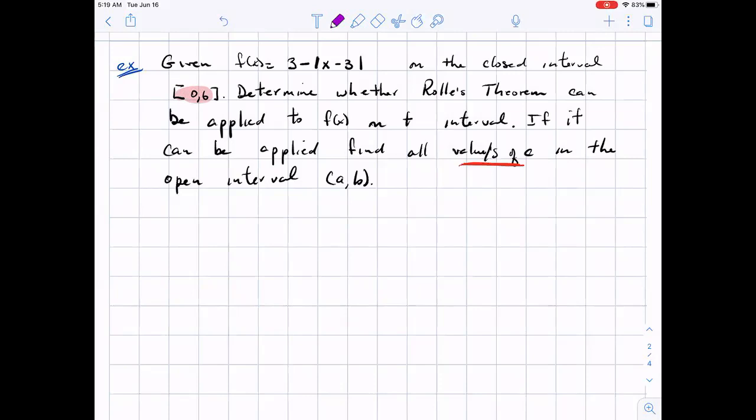Well, because you know what this function looks like. This is the absolute value function moved over 3 units to the right, moved 3 units up, and then it's inverted or reflected because of this negative here.